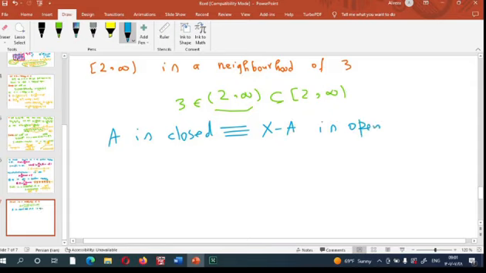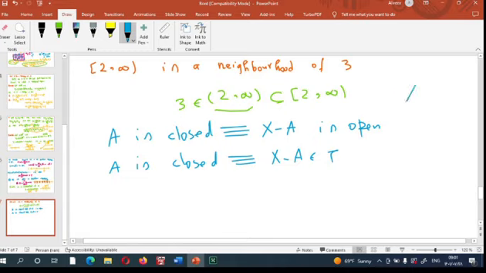Okay, and we know that this set belongs to tau, so that A is closed if and only if this belongs to tau.